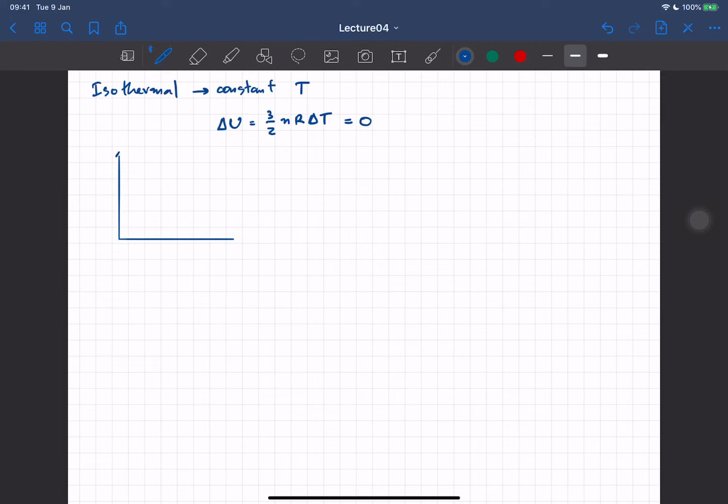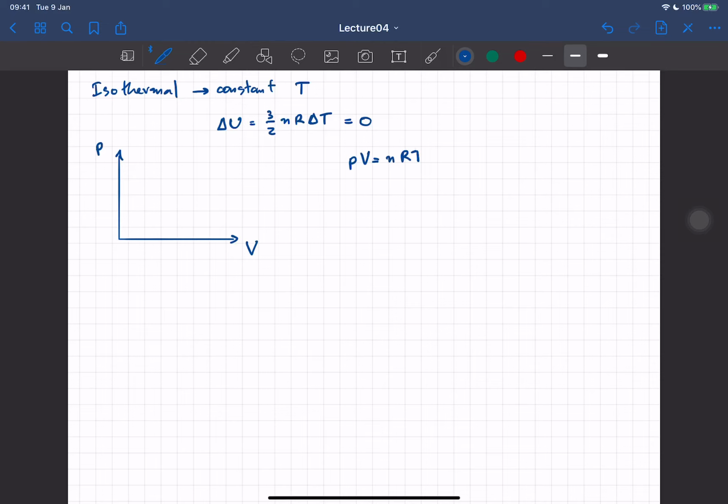So let's figure out what kind of curve we have here. So P and V here, right? So we want to move around this PV diagram. So PV equals nRT again, right? So I think by the end of this course, we're going to write PV equals nRT probably more than 20 times. So just bear with me there.